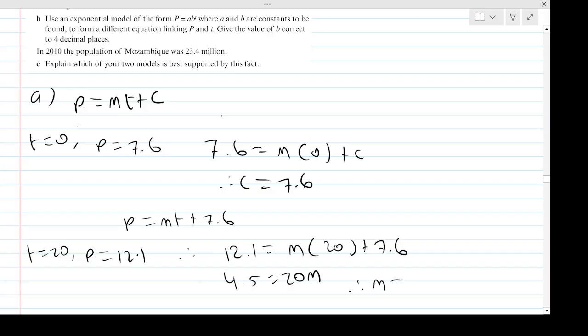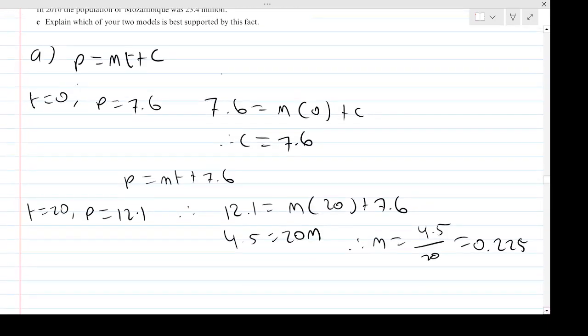So therefore m is 4.5 divided by 20, which is 0.225. Therefore my final equation is P is 0.225t, add 7.6.